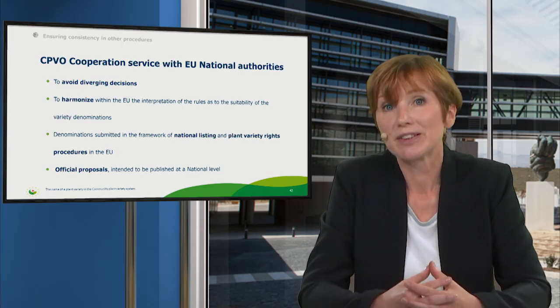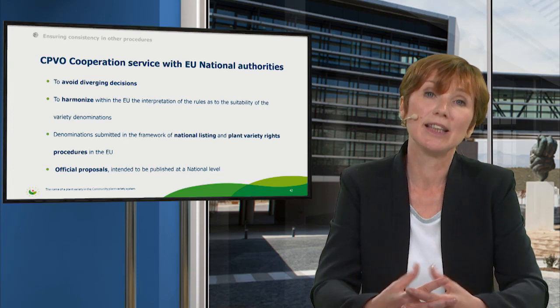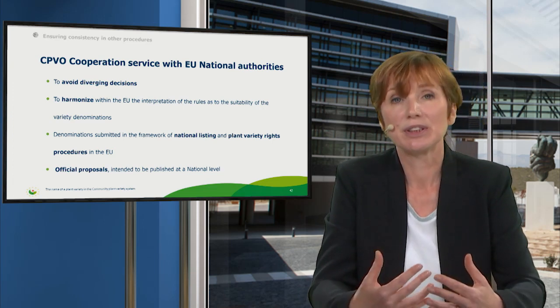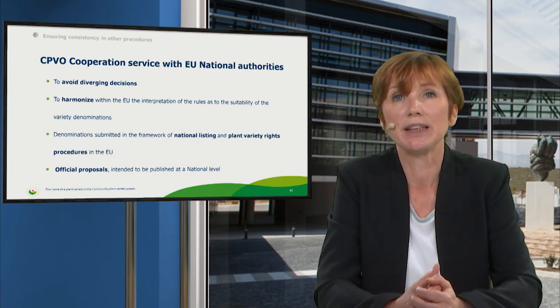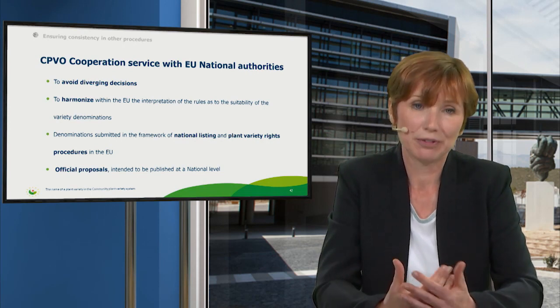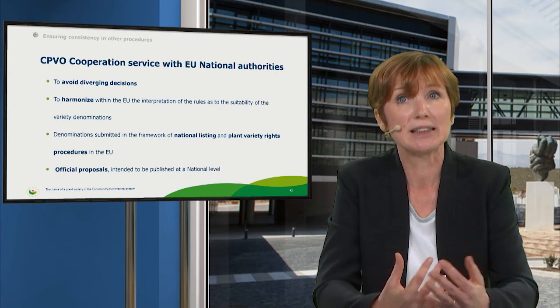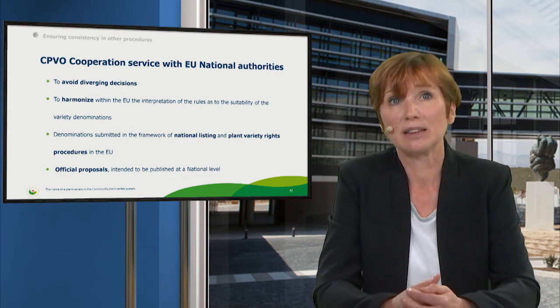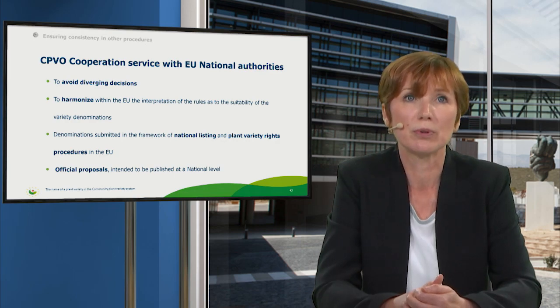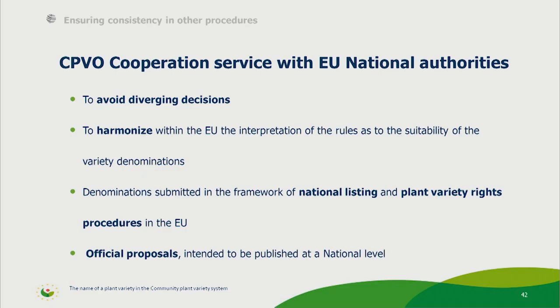However, the experience has shown in the past that the EU member states can have a different interpretation of the Article 63 and of the guidelines, even with the explanatory notes, leading sometimes to different decision on variety denomination proposals. So, in 2010, the CPVO developed a cooperation service on variety denomination testing with the purpose to harmonize within the EU the implementation of the rules as to the suitability of the variety denomination.